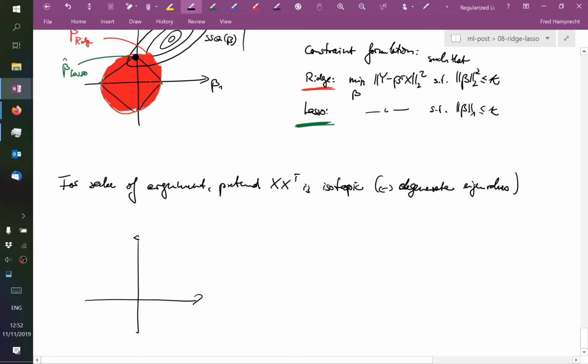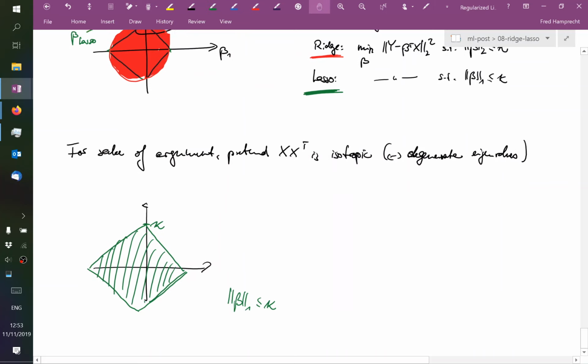So that means that the sum of squared parabola will be perfectly, or the isocontours will be concentric circles. And if I'm now creating this constraint set again, let's say this is my constraint set, where this here is some value kappa.